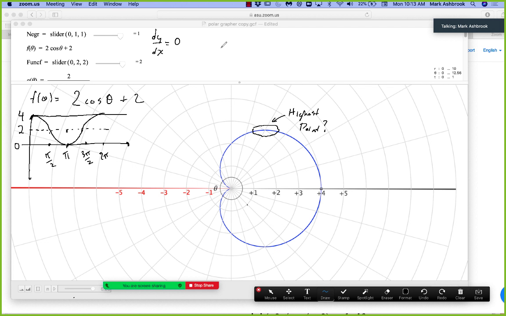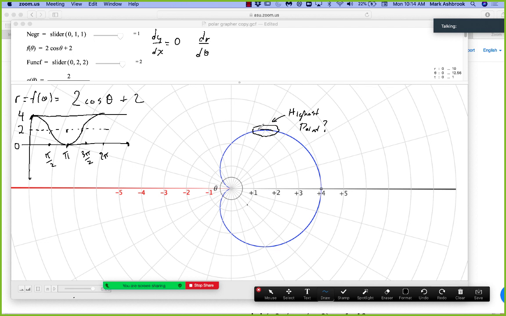Okay, so our function is r as a function of theta. Is it going to be convenient to find dy/dx? Is there another way we could find the highest point? dr/d theta. So what is dr/d theta at that highest point? Somewhere around here, what is dr/d theta?